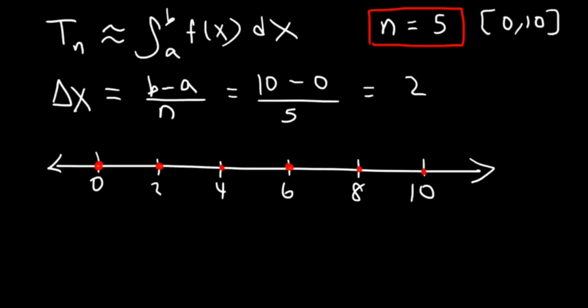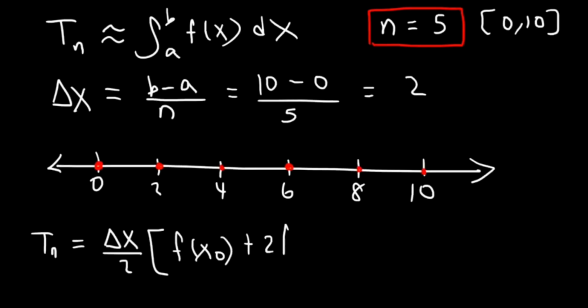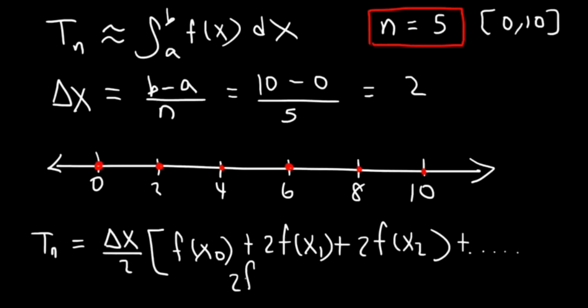The area will be equal to delta x divided by 2 times f of x0 plus 2 times f of x1 plus 2 times f of x2, and then it's going to continue. The second to last one will be 2 f of x sub n minus 1, and the last one will be just f of x sub n.